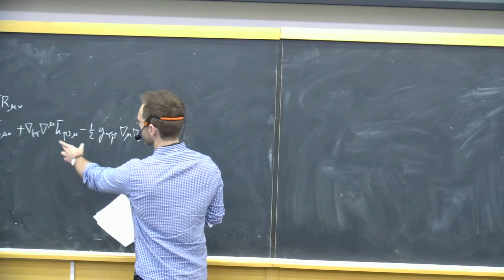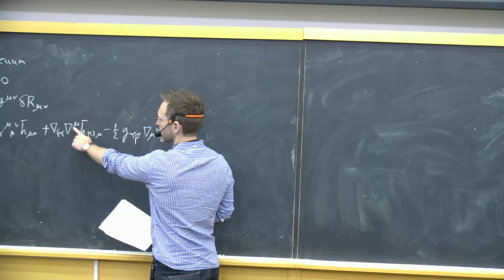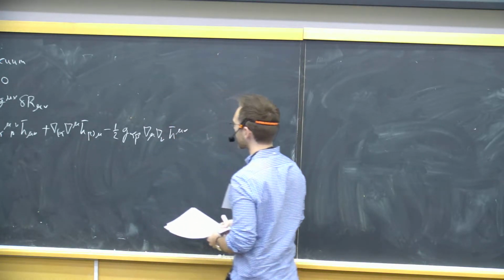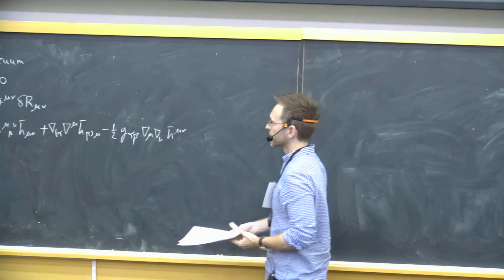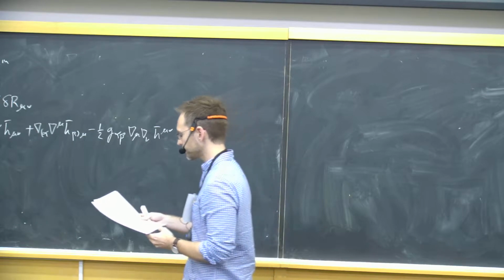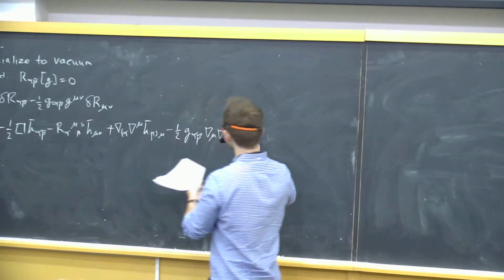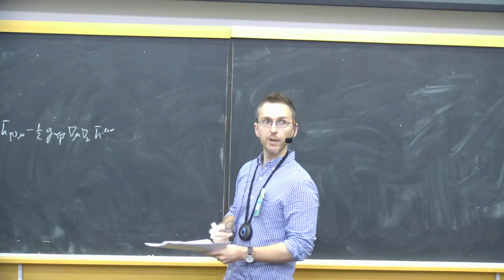Now you'll notice that this is a divergence of h bar. The gradient is contracted with an index of h bar, and similarly this is another divergence of h bar. So in a second I'll show how we can set that to 0 to further simplify this. But for now this is just a general result if we have a vacuum background.